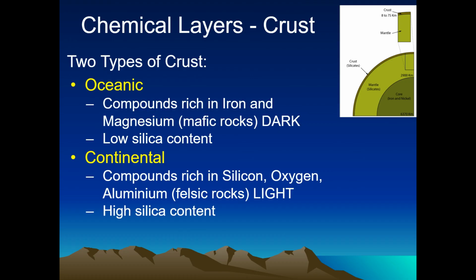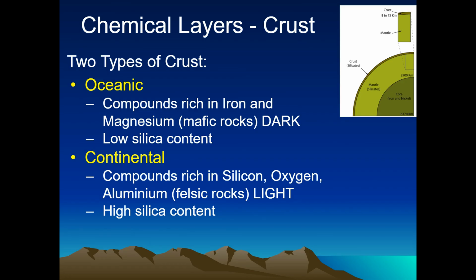So the continental crust is chemically a little bit different. It's usually made up of rocks that are higher in feldspars and aluminum compounds, and they have a lot of silica and oxygen. So again, we have a lot of silica rocks. Just as we noted in the oceanic, there's less silica, but there's more in continental crust. Okay, and these are considered felsic.